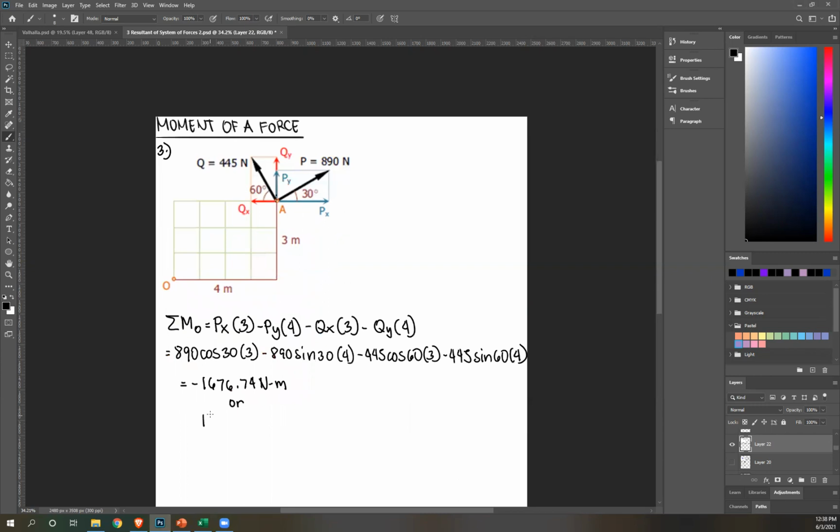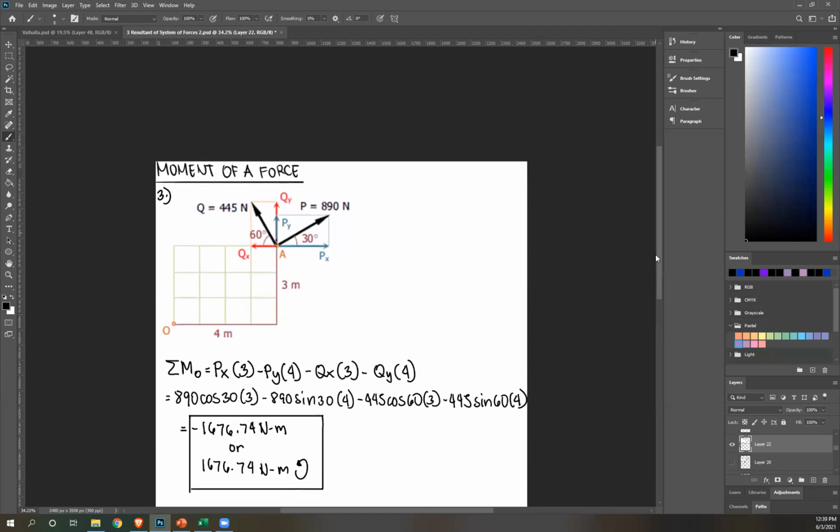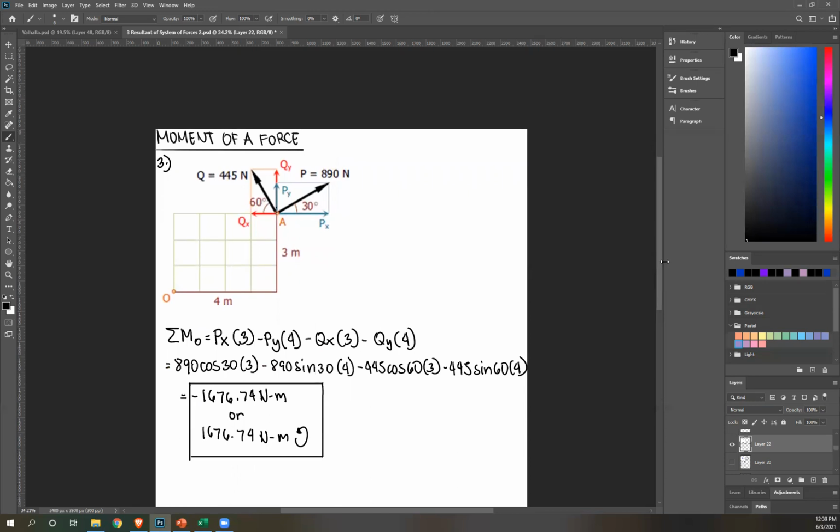Or positive 1676.74 Newton meter, and then you can just write counterclockwise, or you can just draw the symbol for counterclockwise. So for example, if the problem is asking for the direction of your moment, negative means counterclockwise. Likewise, positive means clockwise.